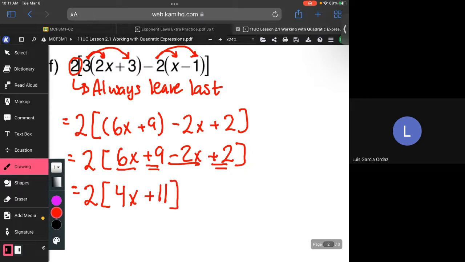Now we solve the square bracket. I'm going to take the 2 that is outside of the whole bracket and distribute it into 4x plus 11.